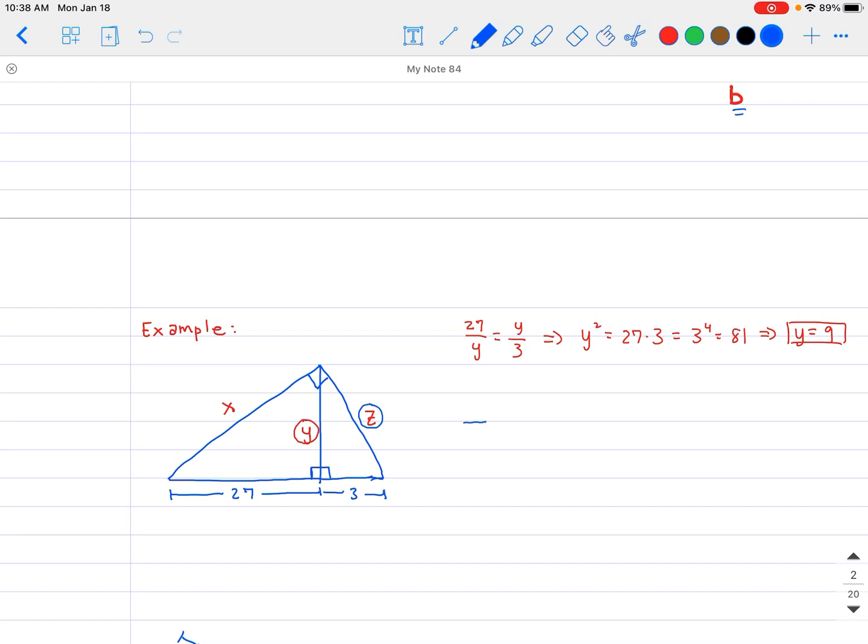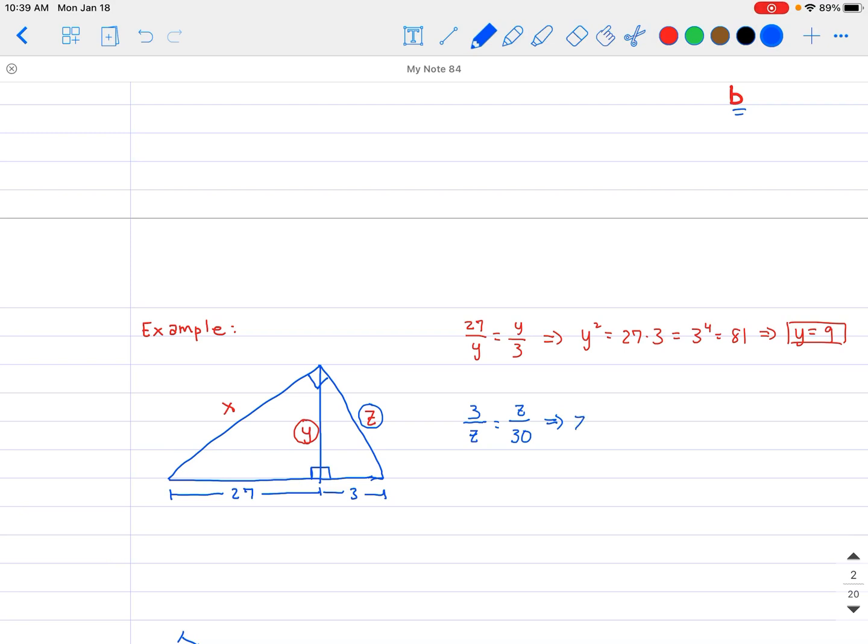So in the second equation, z is going to be the geometric mean to the side that's next to it on the hypotenuse, which is 3. And then be careful over here, the whole hypotenuse, which is going to be 30 because 27 plus 3. So now we can solve for what z is equal to. So let's see here.